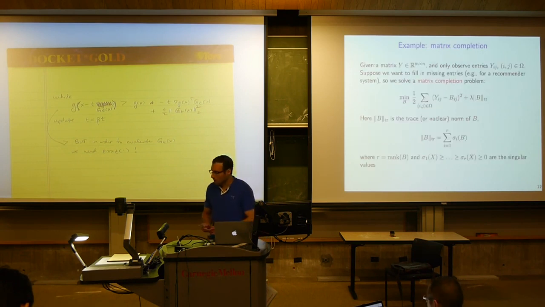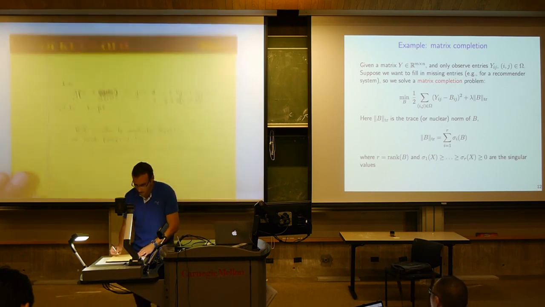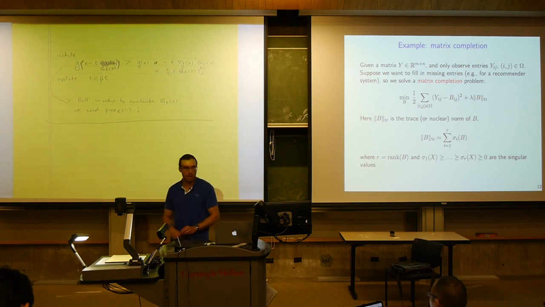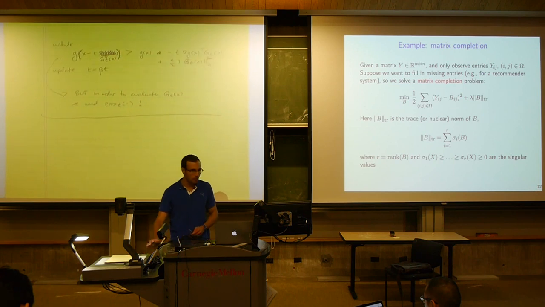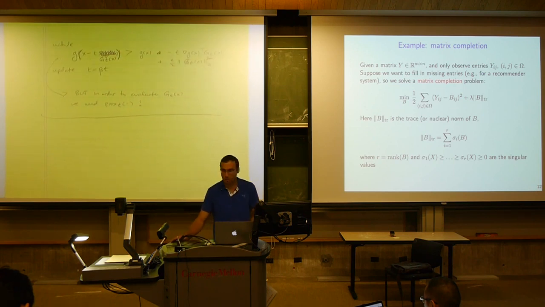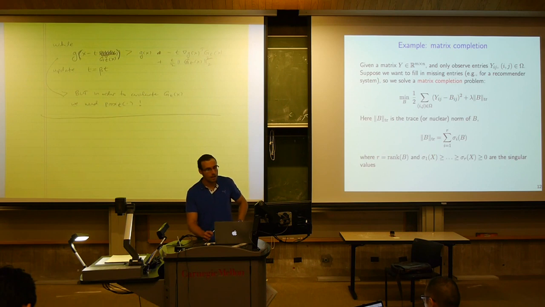So let's do an example in which the prox operator is actually rather sophisticated, and the algorithm that we get out is kind of interesting, and that's the matrix completion problem. So this problem I don't think we've talked about yet in class. It's gotten a lot of attention in the last 5 to maybe 8 years or so.